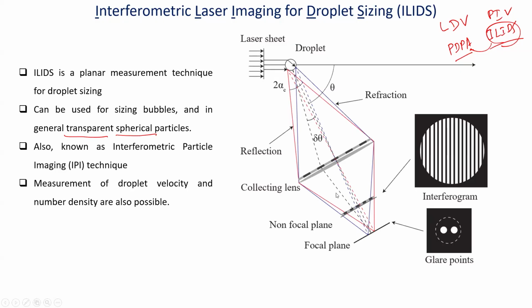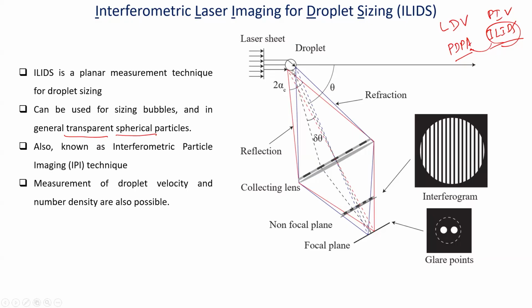This is shown here in this schematic. Here we have a spherical droplet which is illuminated by a laser sheet. Part of the light is reflected, as you can see here in the red lines, and part is refracted. This refracted light corresponds to first order refraction. We have discussed this already. Here we are considering p equal to 0 and p equal to 1, the 0th and first modes only, though there are other modes present also.